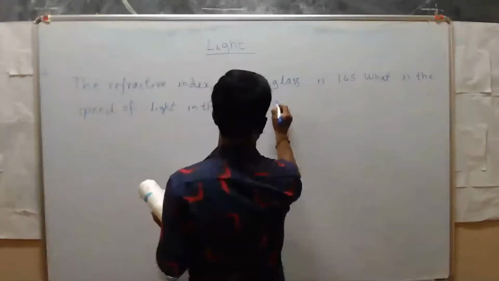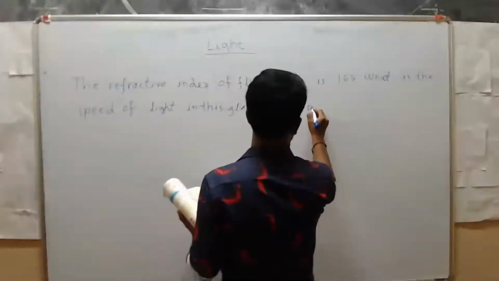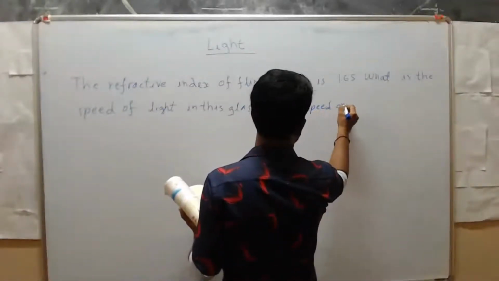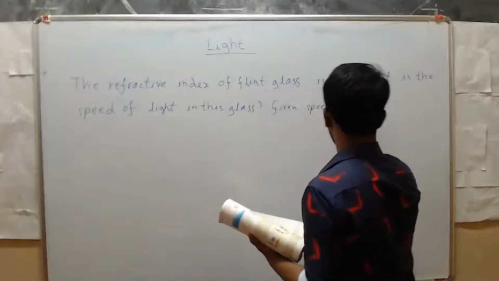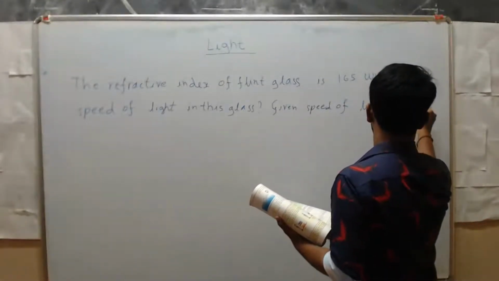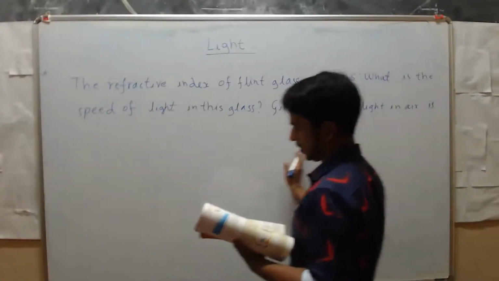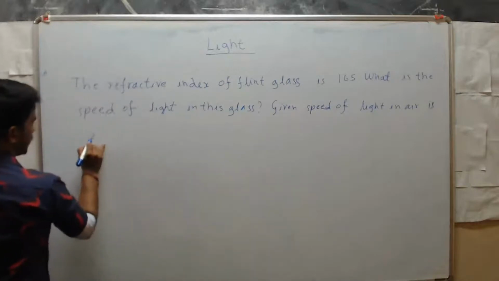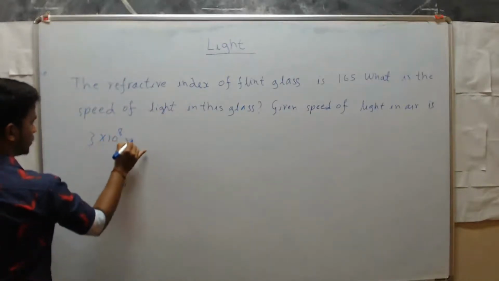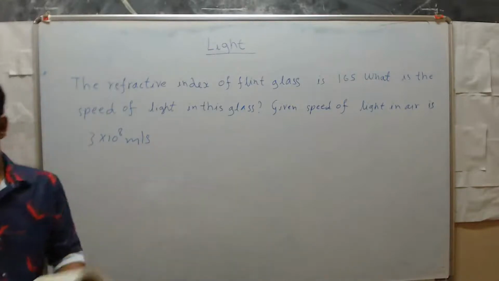Given, the speed of light in air is 3 into 10 raised to the power 8 meter per second.